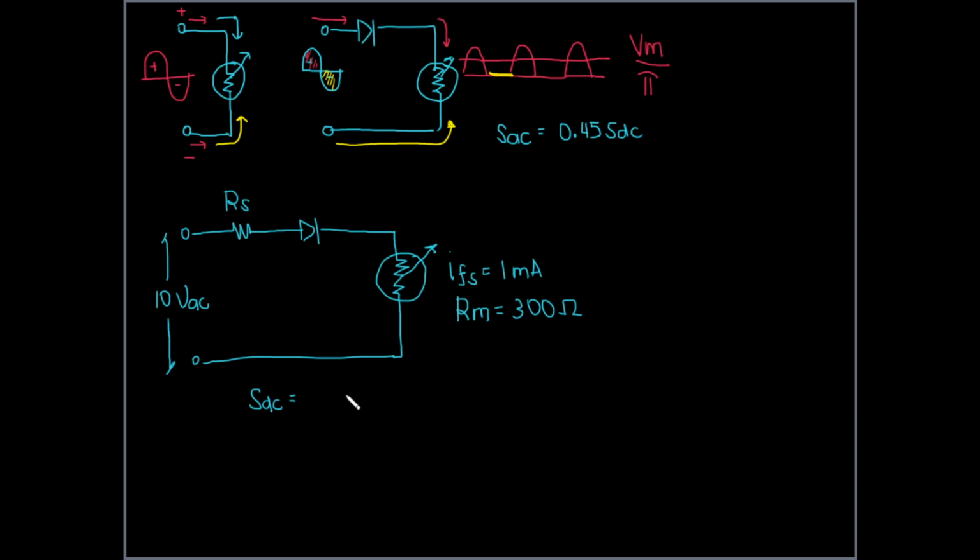So the DC sensitivity here is equal to 1 divided by 1 mA. So 1 divided by 0.001, which gives us, of course, 1000.